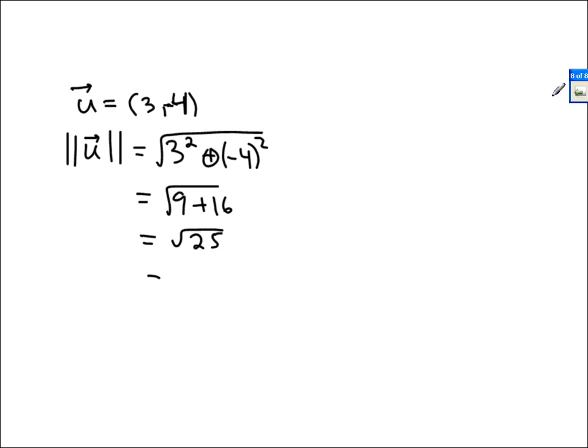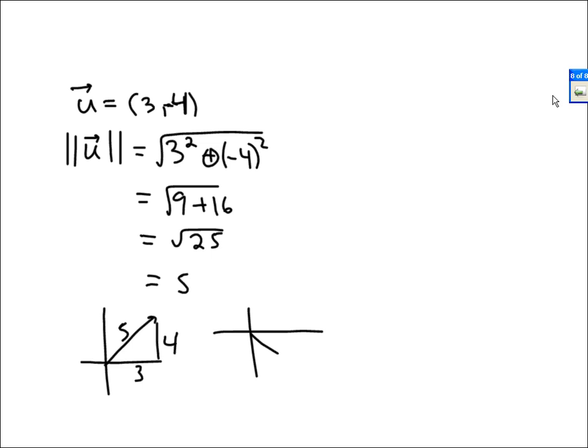Basically, this is 3 and this is 4, or negative 4. Well, then that's going to be 5. I guess I should have drawn this instead: 3, negative 4, 5. But nonetheless, the length of u is 5 units.